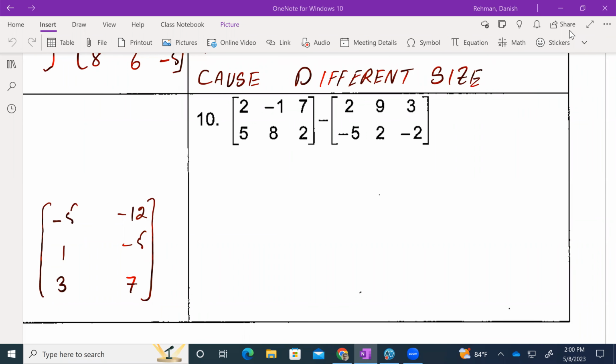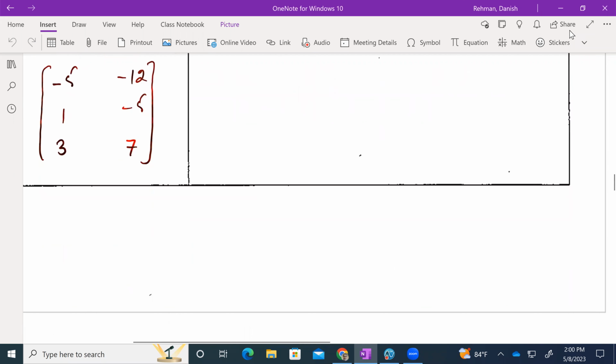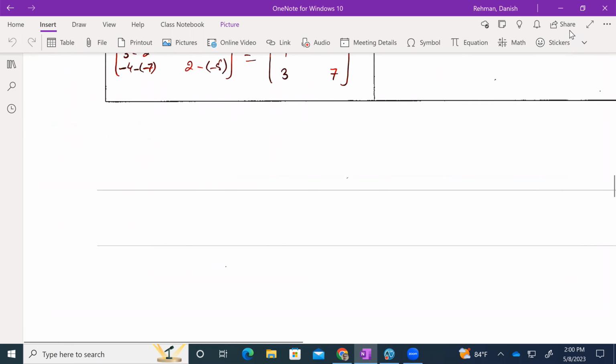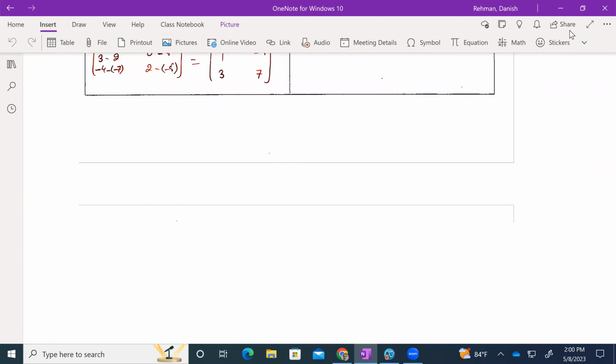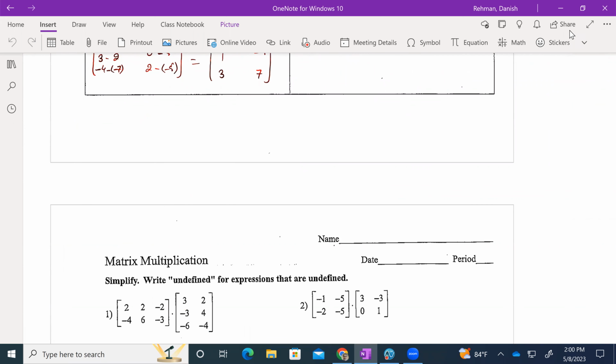Okay, now we will work on the multiplication of the matrices, and I will tell you when the multiplication is possible. The first type of multiplication is called scalar multiplication. What do we mean by that? Look at this on the screen.